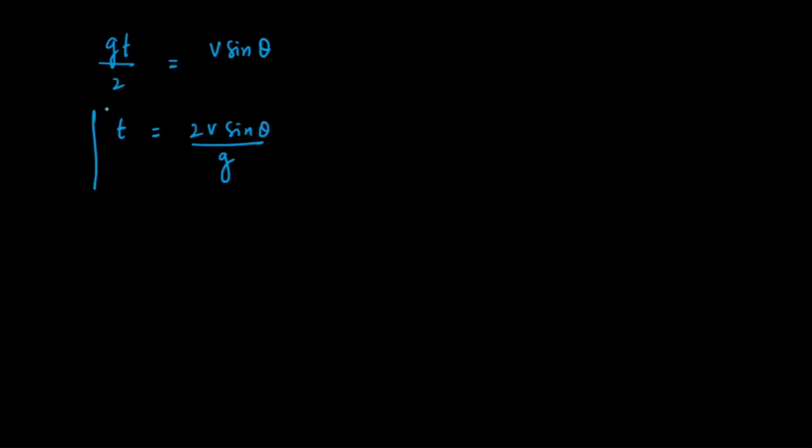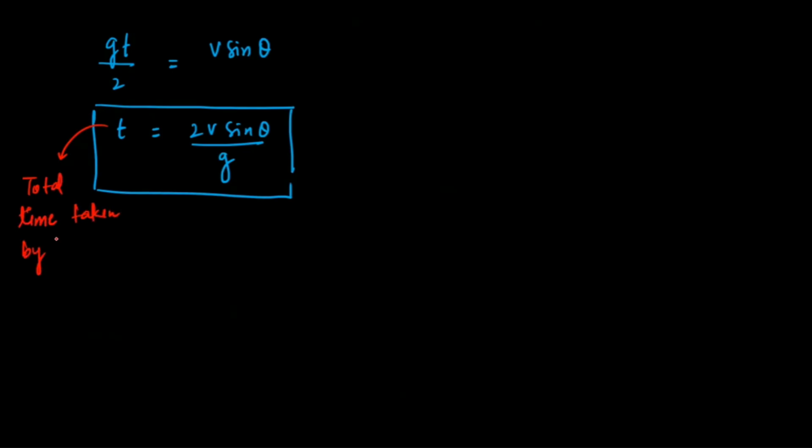That is the equation for time of flight, or you can say, as we're talking about the complete journey, this is the equation which represents the total time taken by the projectile to reach the ground back. So you can directly use this to find the time of the given projectile.